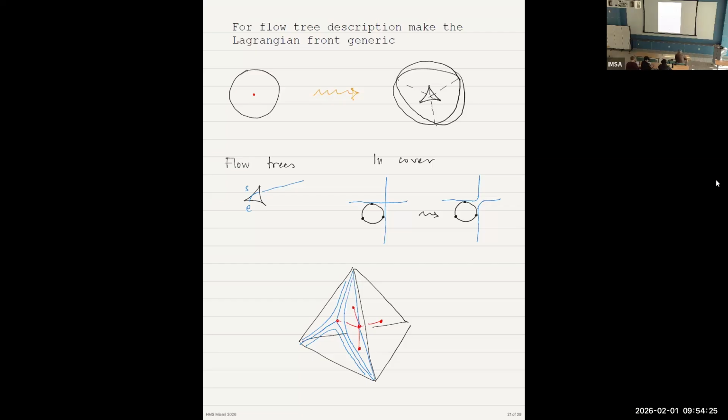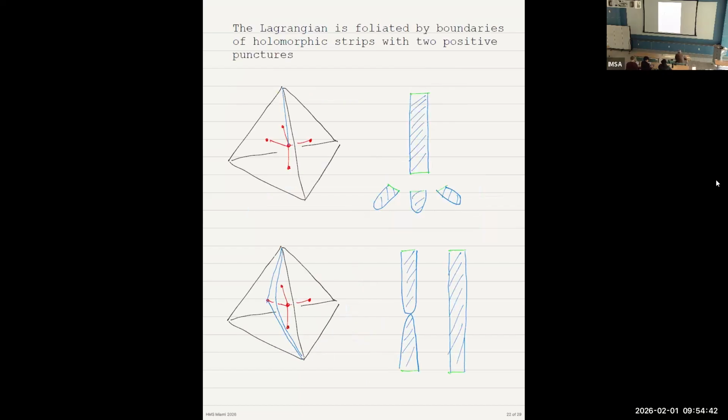And in the picture, they look like that. Nevertheless, what this will lead to, if you look in this simplex, is a foliation of the whole simplex by boundaries of holomorphic curves with two positive punctures. And this picture should tell you what this foliation looks like.